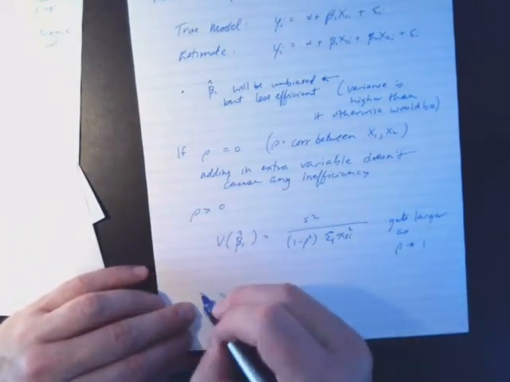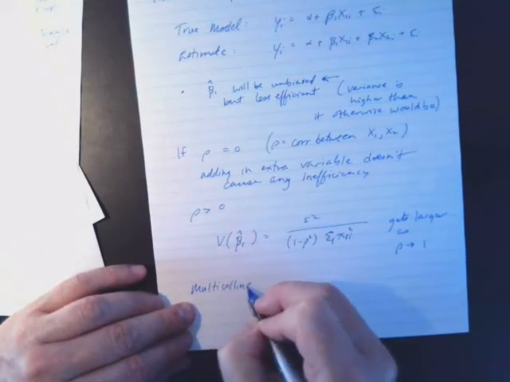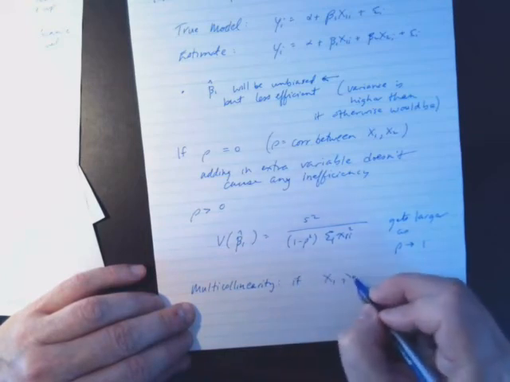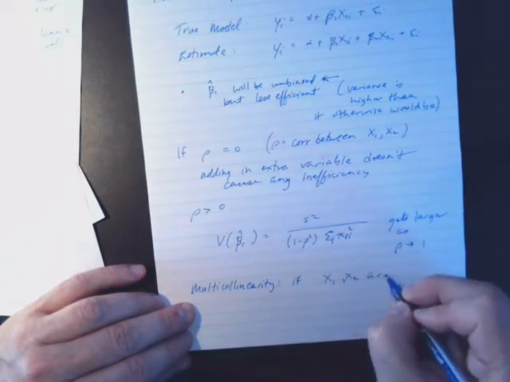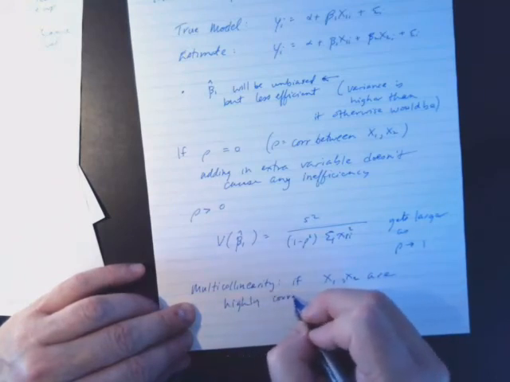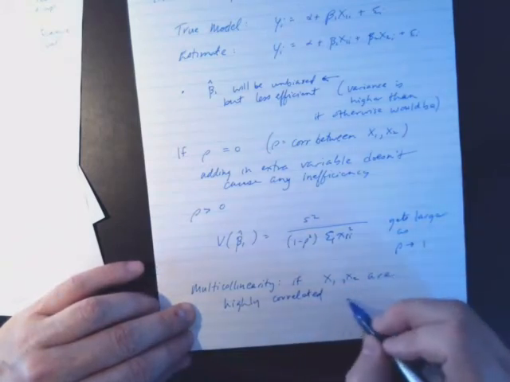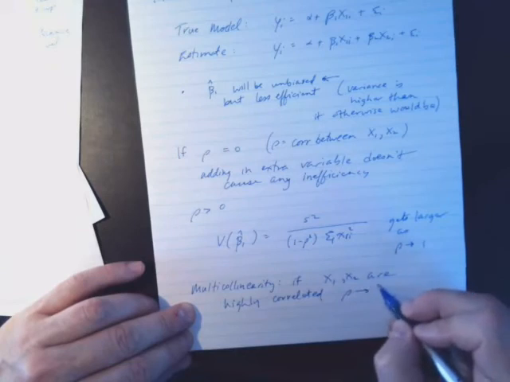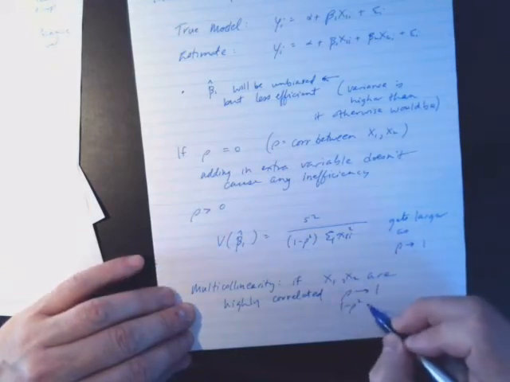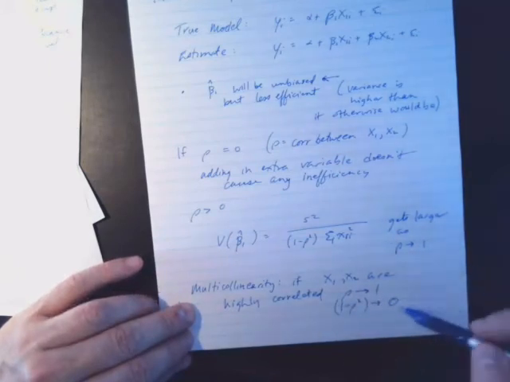And then multicollinearity: if x1 and x2 are highly correlated, then rho gets close to 1. So 1 minus rho squared is going to go close to 0.